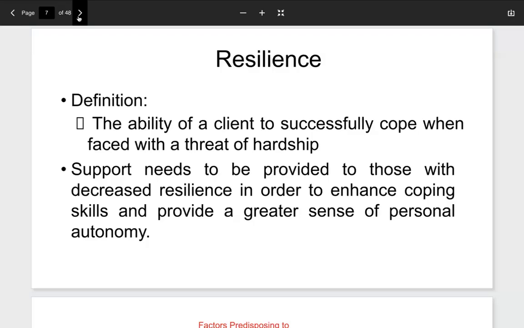And maybe part of that program is to provide the community with enhanced coping skills. Maybe they need more education about this health disparity or this health challenge that they're facing, so that they can learn more about it, so that they're more informed, so that they can make informed choices in a more autonomous manner.